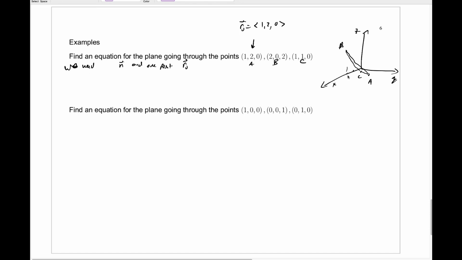Well, here's our point A. It might be hard to see it in this picture, but look at this vector from point A to point B. This will be the vector AB, like that. And maybe I should use a different color for that.